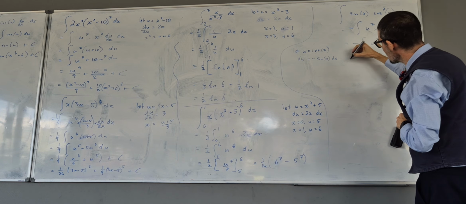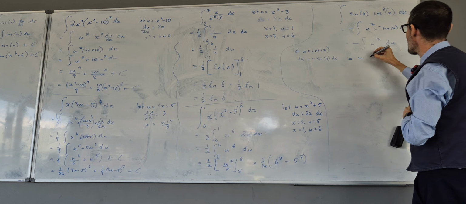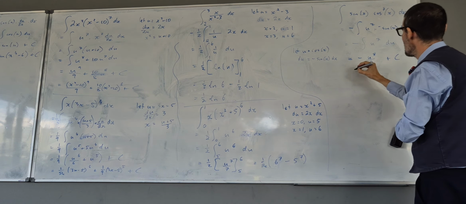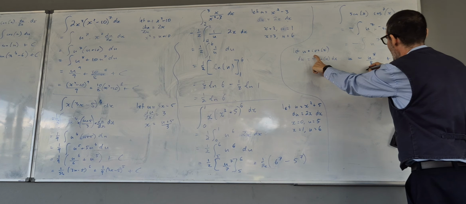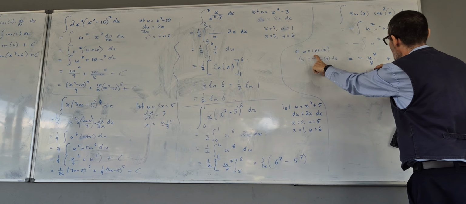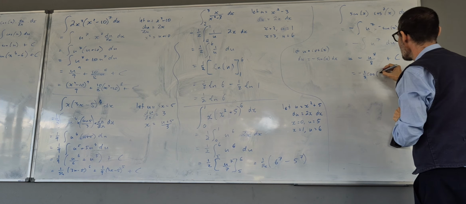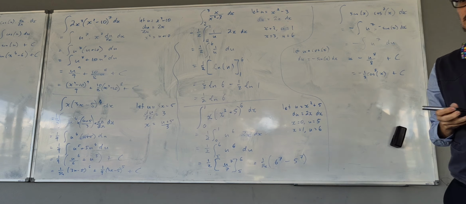Which is negative u to the 8th on 8, which is negative 1/8 cos to the 8th x plus constant.